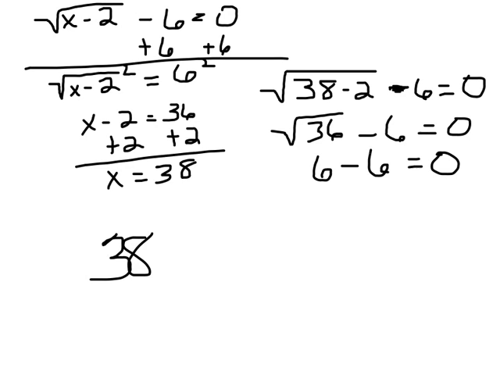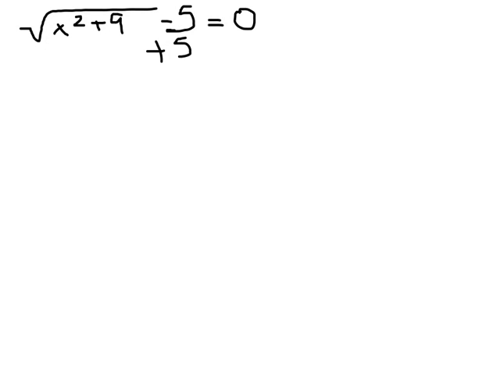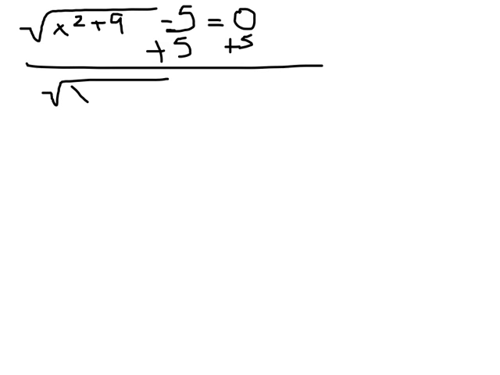Let's do another. This says solve the square root of x squared plus 9, minus 5, equals 0. Again, the first thing we're going to do is move this 5, and we get the square root of x squared plus 9 equals 5.